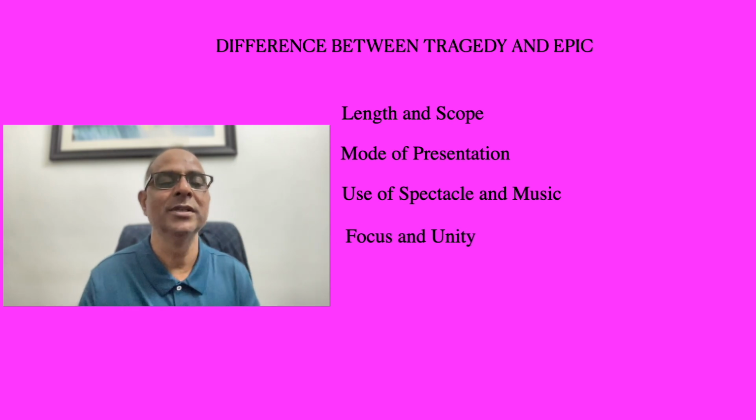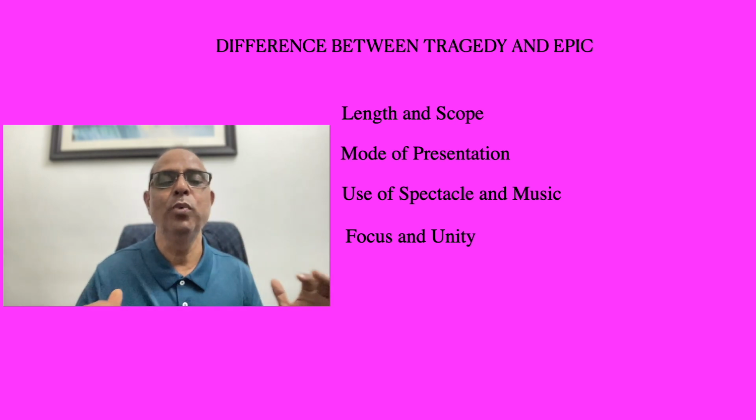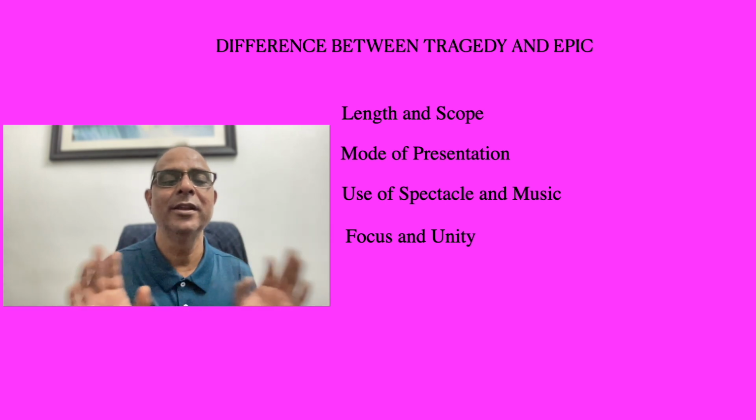The fourth difference between tragedy and epic is focus and unity. Epics often include multiple plots and subplots with a more diffuse narrative structure. They can shift focus among various characters and events.